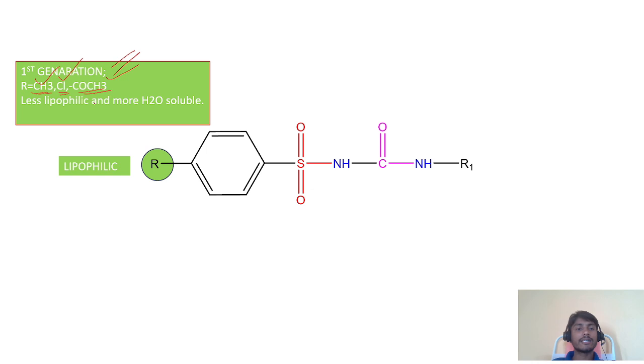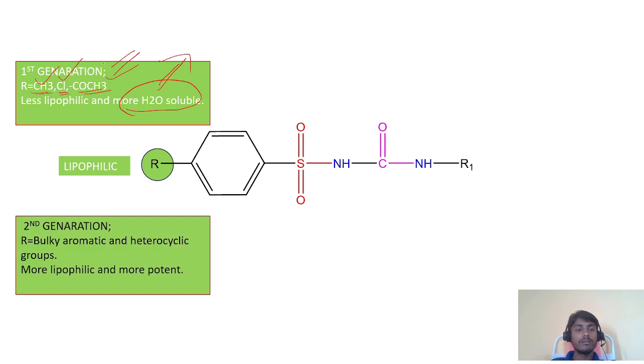So it is less lipophilic and more water soluble. In the case of second generation, it is bulky aromatic and heteroaromatic groups. So these are more lipophilic and more potent.